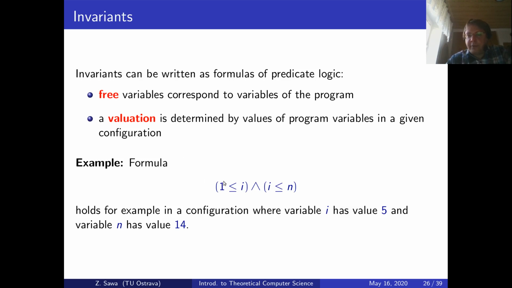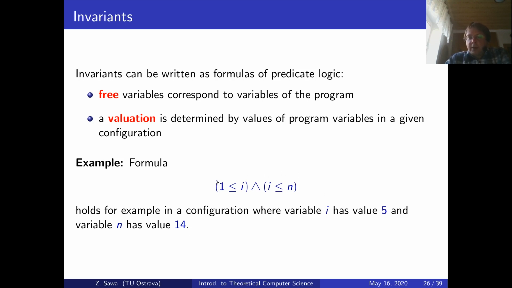So this value 1 is interpreted as integer 1, and i and n are now variables, where we consider an evaluation which is determined by the content of these variables. So if we would have a configuration where, for example, the value of i is 5 and the value of n is 14, it basically gives us a current valuation under which this formula could be evaluated.